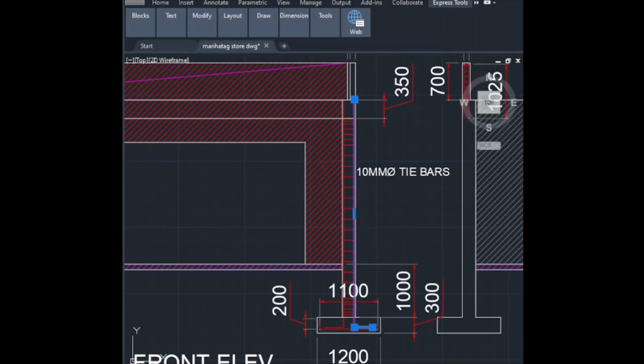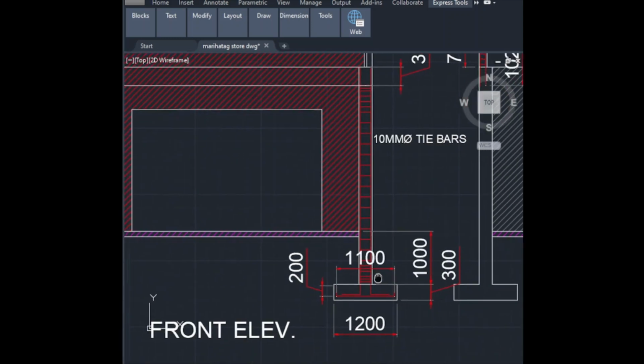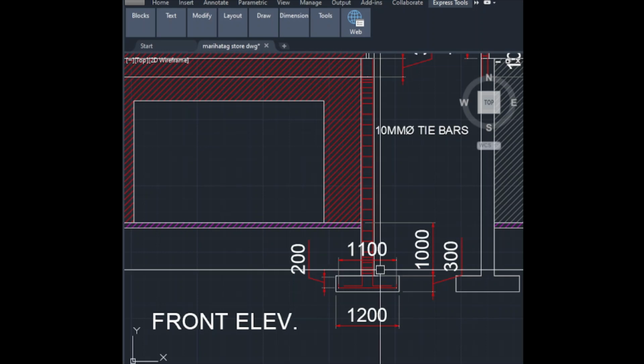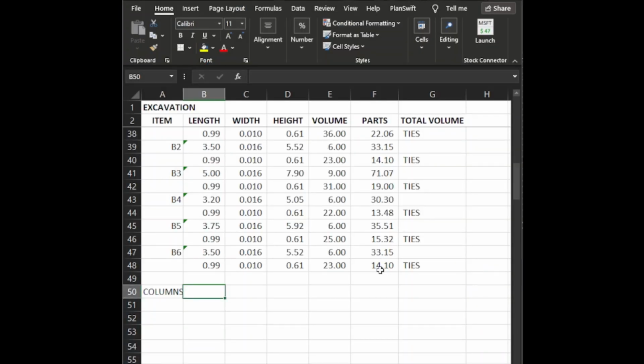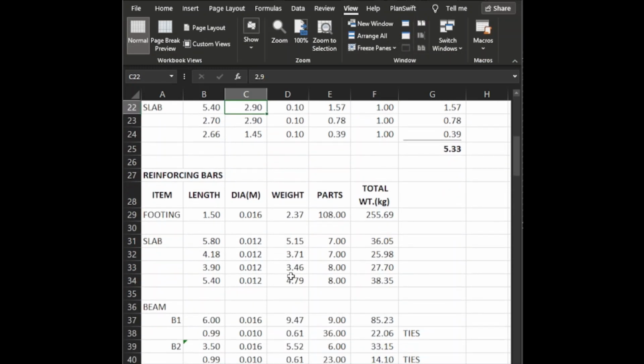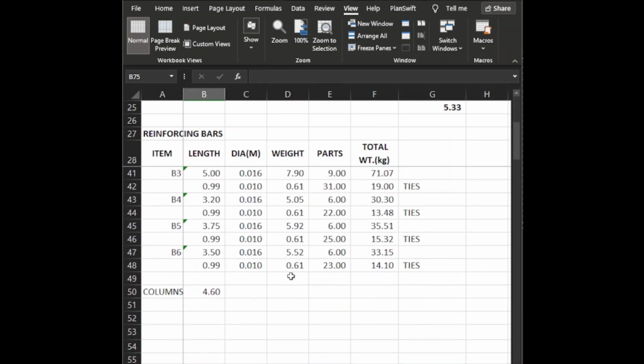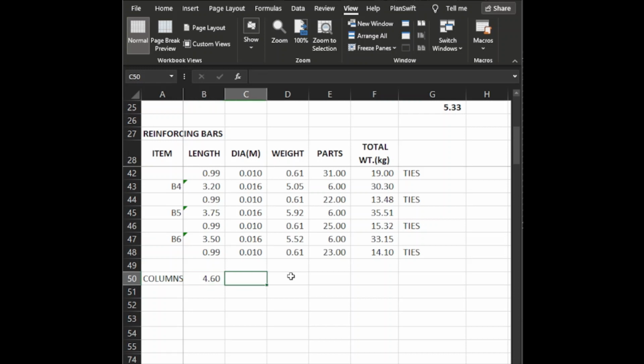So the length is, let me see how much length that one is. 4.6 meters. 4.6 meters. I'm confused with this one, guys, so I'll just do it like that. 4.6 meters, then 16 mm again, 0.016.